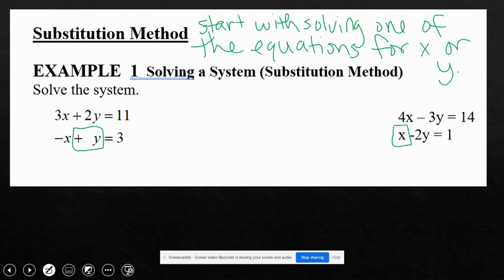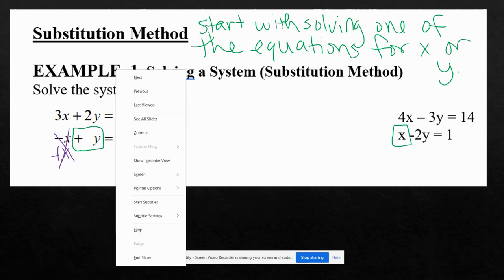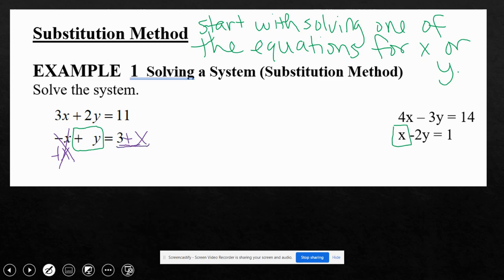So in the example on the left, I'm going to get this y alone by adding x to the other side. So we have y is equal to 3 plus x. I'm plugging this equation in for that y right there.